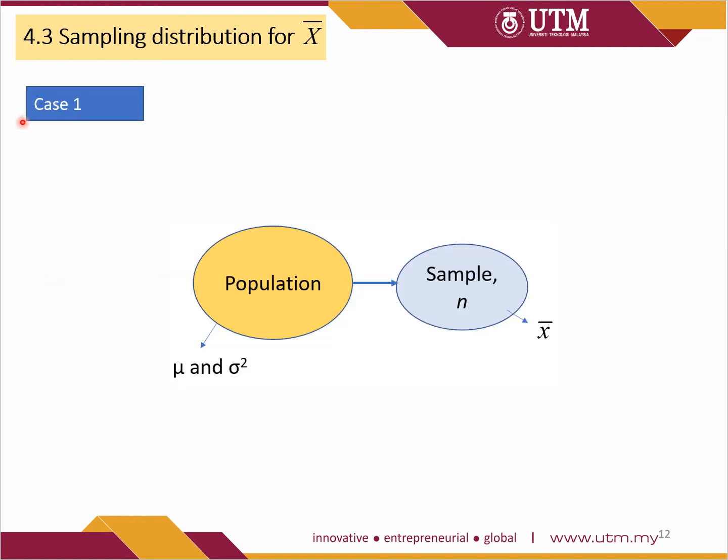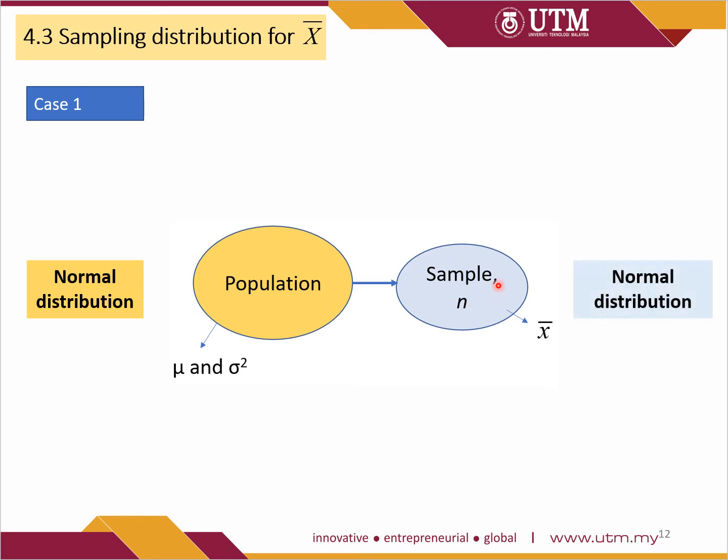In sampling distribution, we have two cases. For the first case, let's say we have a random sample of observations taken from a population that is normally distributed, given that the population has mean mu and variance sigma square. Each observation in the random sample will then have the same normal distribution as the population being sampled.